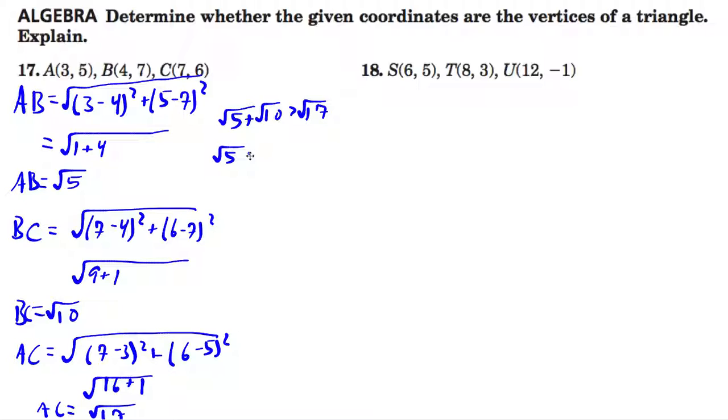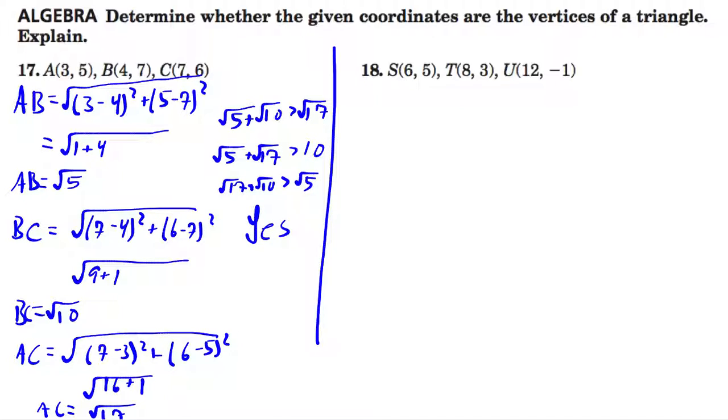Square root of 5 plus the square root of 17, that should be greater than the square root of 10. And it is. And then, of course, the square root of 17 plus the square root of 10 is absolutely going to be greater than the square root of 5. So yes, this all works out for that problem there.